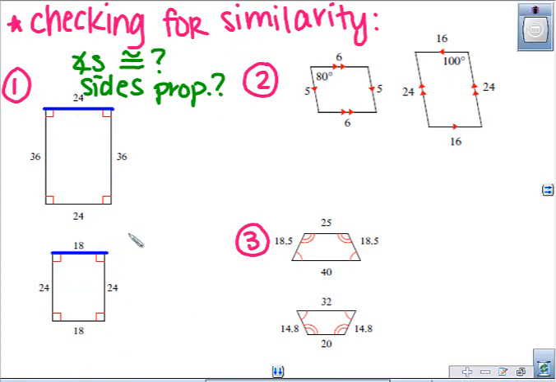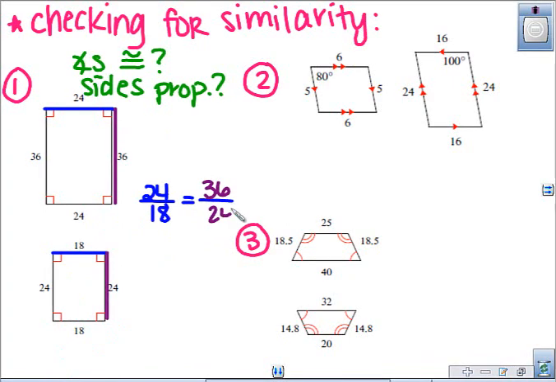So we're going to set up our proportion. 24 is to 18 as, and see if it's equal to the longer sides. Are they the same ratio? 36 is to 24. And I'm not telling you they're equal, I'm asking, are they equal?